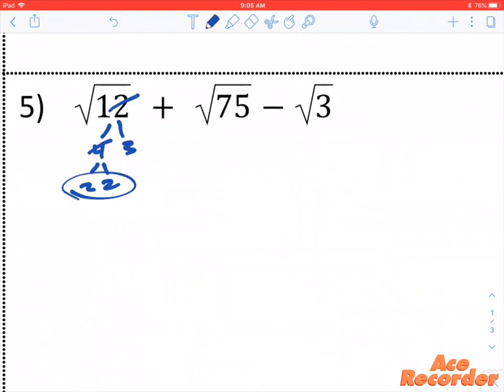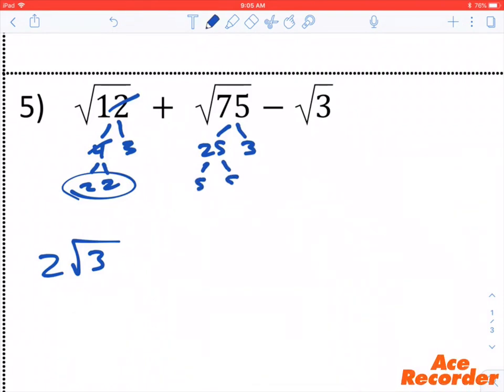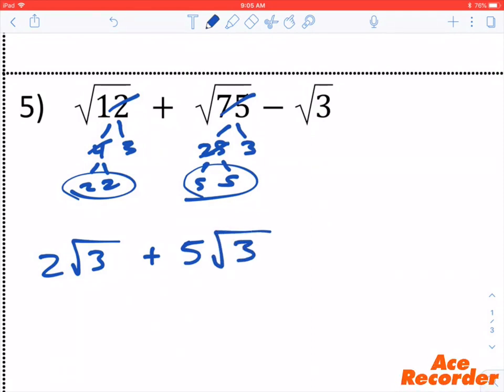So 2 comes out, a 3 is left in. Okay, let's do the next one. 25 times 3, 5 times 5. There's a 5 coming out, so plus 5, square root of what's left? 3. And then this one doesn't simplify, so minus square root of 3.